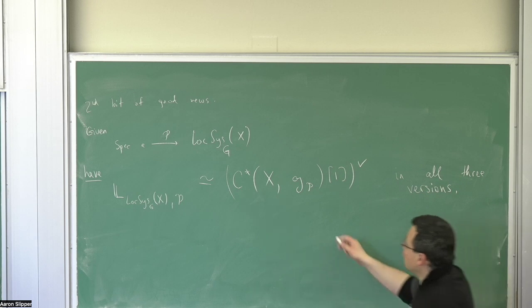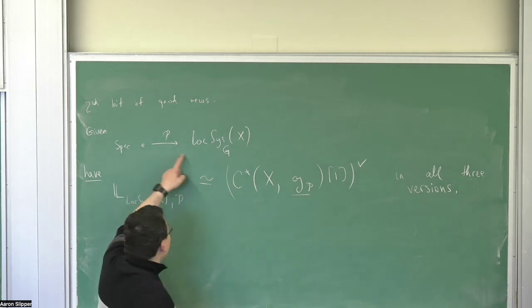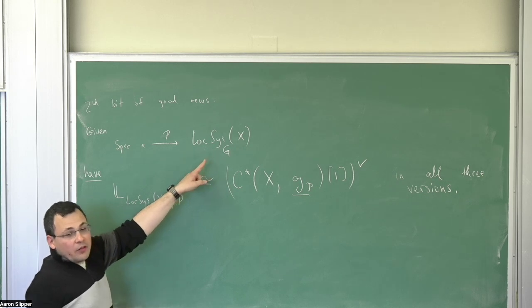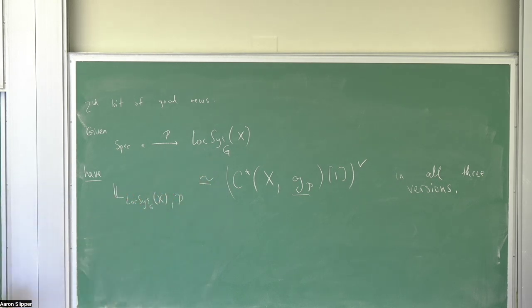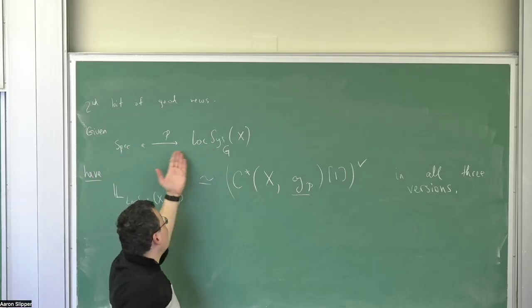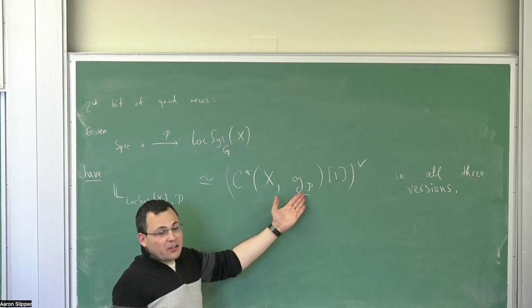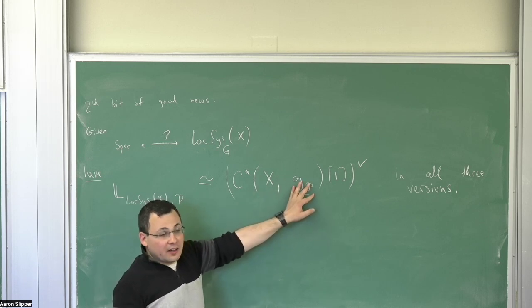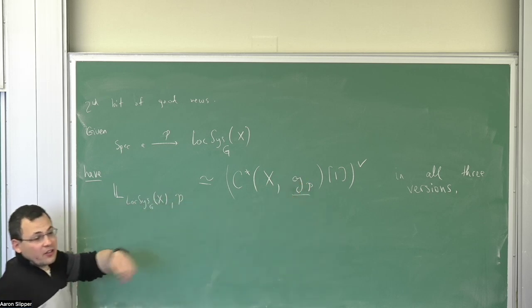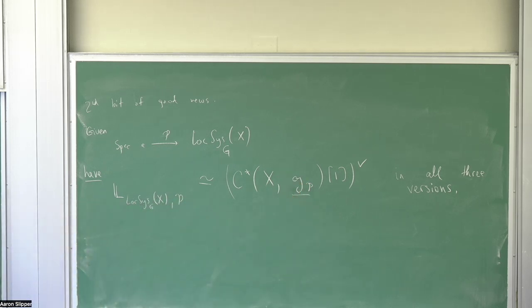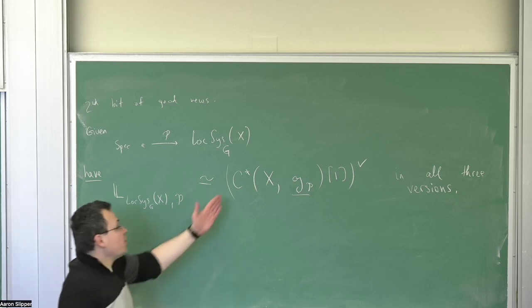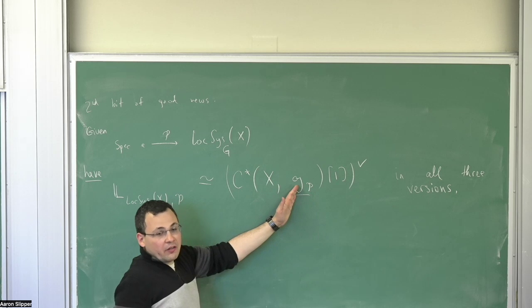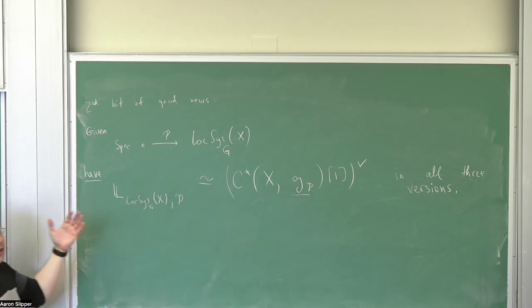If you have, one way or another, a principal G-bundle or a G-local system, you can form the associated local system corresponding to the Lie algebra. Importantly, the observation is that this will just be lisse, so it lies in whatever the smallest subcategory you might want. You can take homology of X with coefficients in this local system in any of the versions.